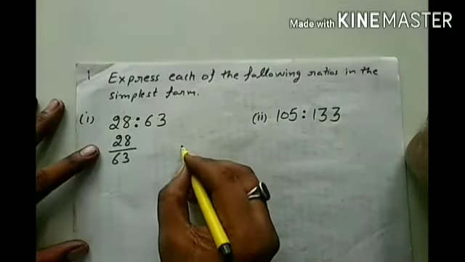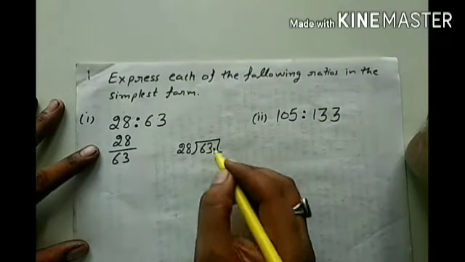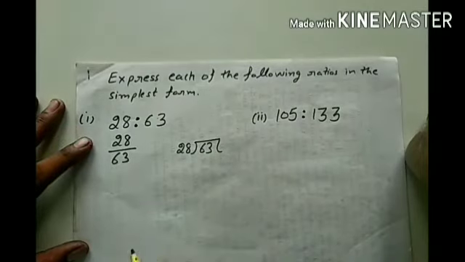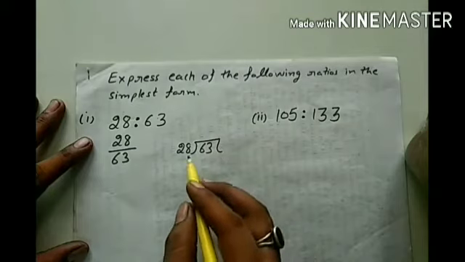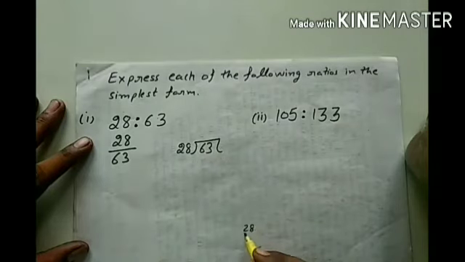28 and 63. This will be found with the long division method. So the table of 28: 28 ones are 28 and 28 twos are 56. Now if you multiply 28 with 3, it will be 84.